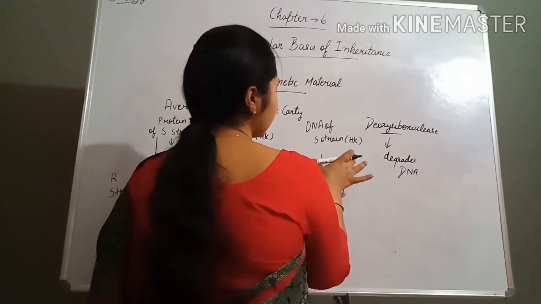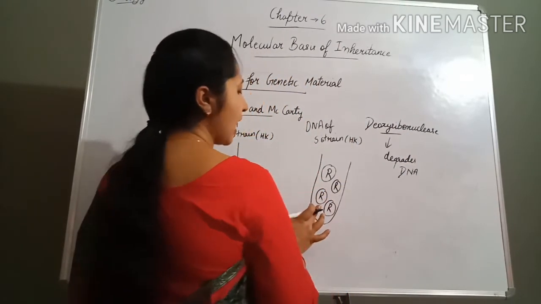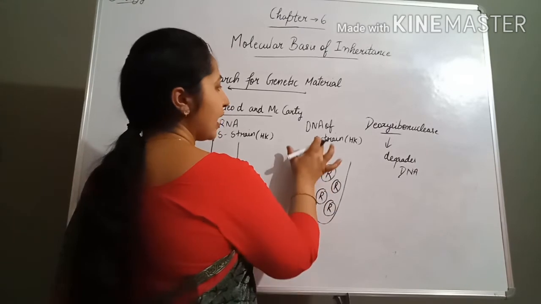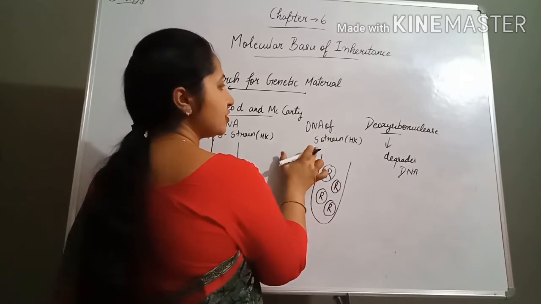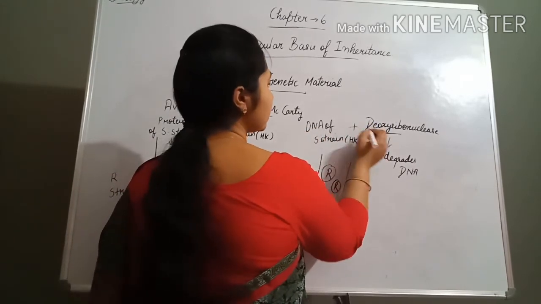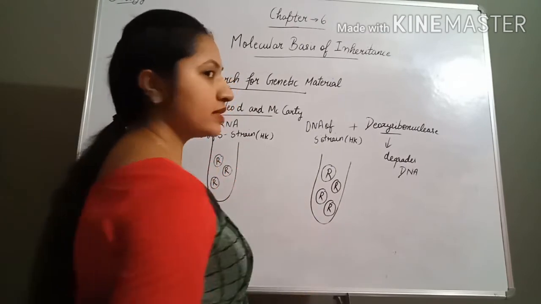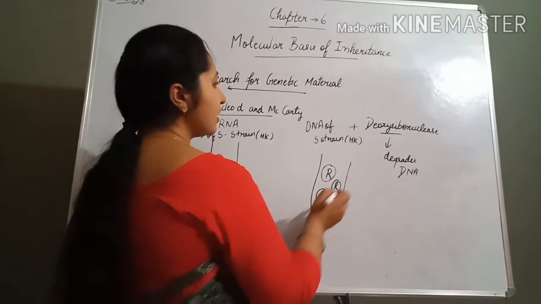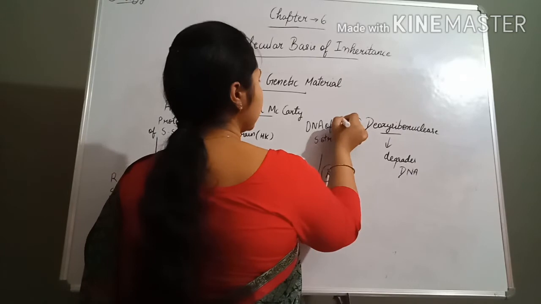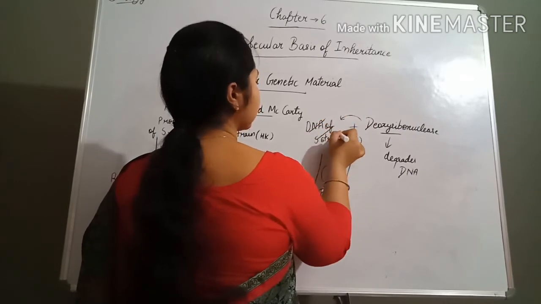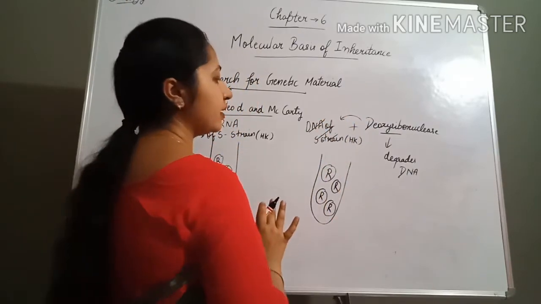So in this test tube where the R strain is present and we added DNA of the S strain as well as the deoxyribonuclease, the deoxyribonuclease will degrade the DNA.